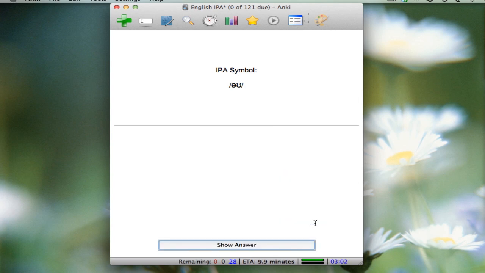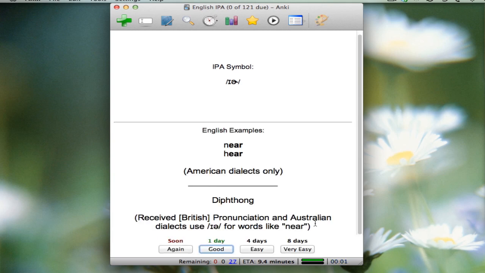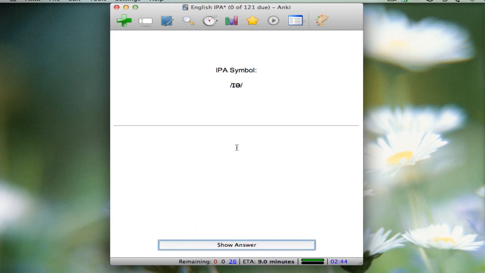Here's o, no. Ear, near, and here. Again, the main difference between American and British is going to be this R-colored schwa. So instead of near, you're going to have nia.